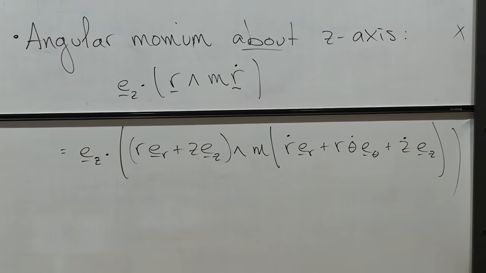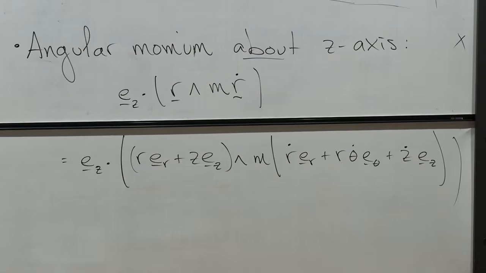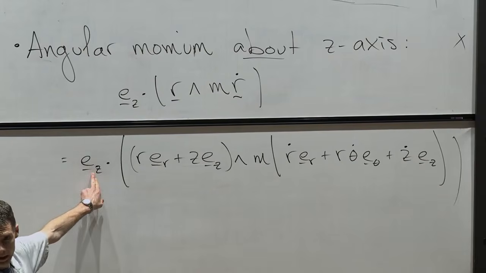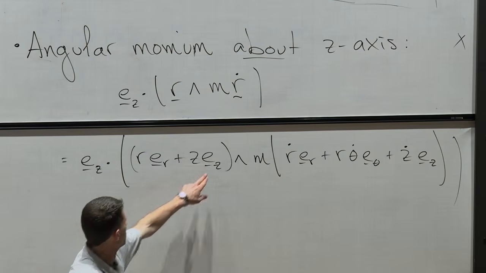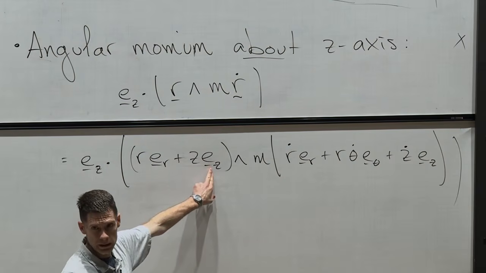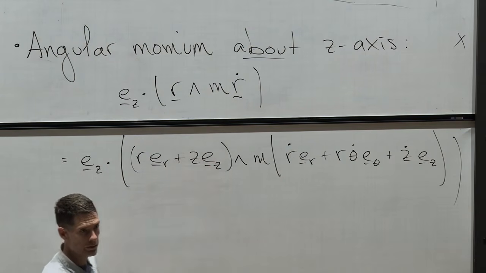Okay, a lot of terms in that cross product, but I can immediately discount most of them because I'm taking the Ez component. Anything that has an Ez, I'm going to ignore, because when I dot with Ez, it's going to be 0.